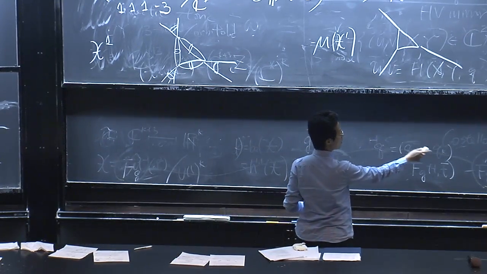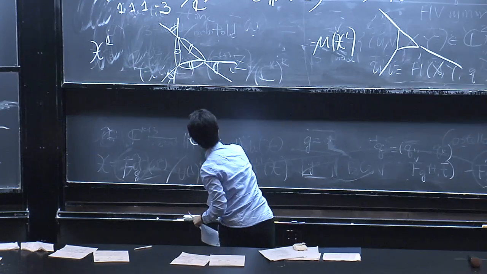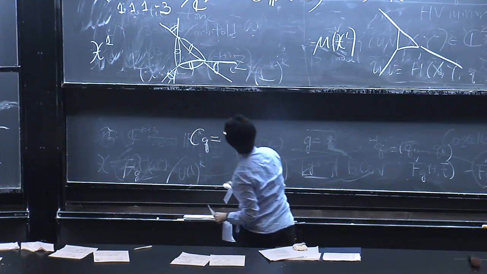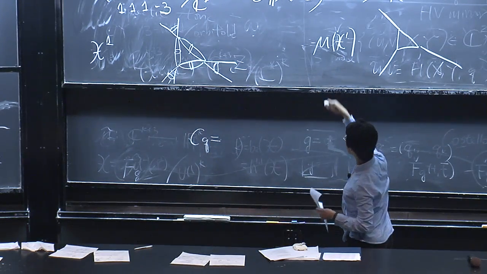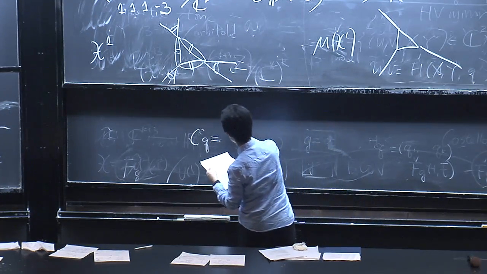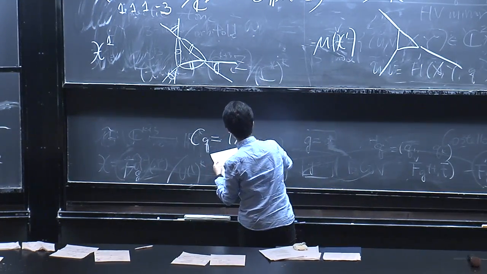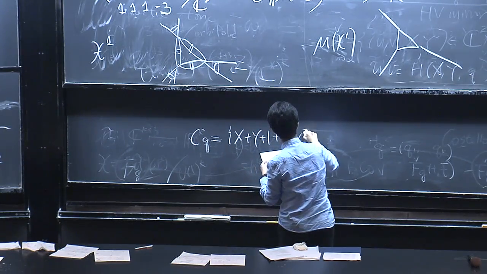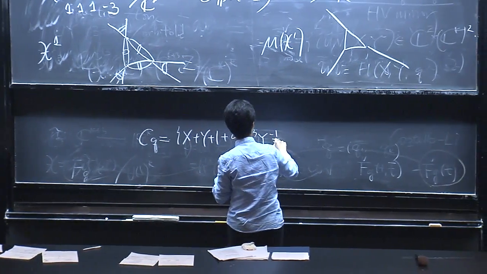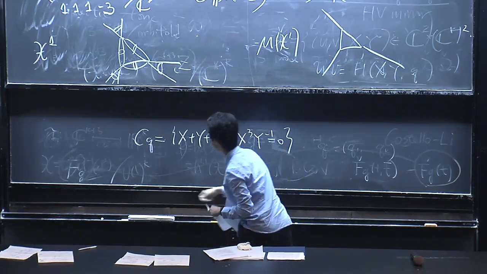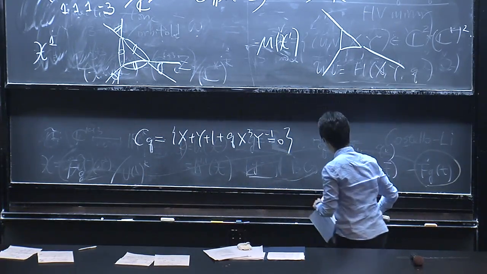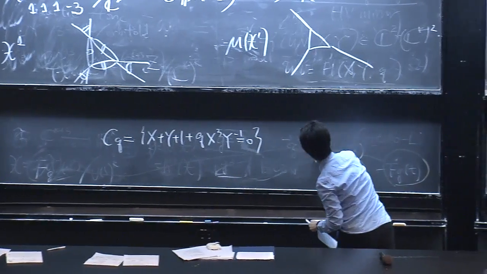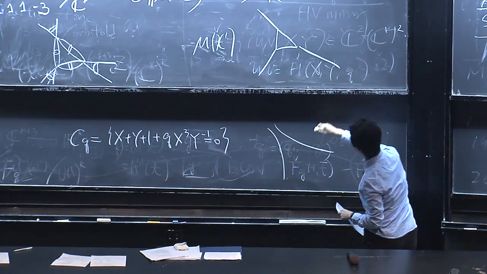In this example, the mirror curve C_q can be written down very explicitly, and its shape is just like the fattening of this.